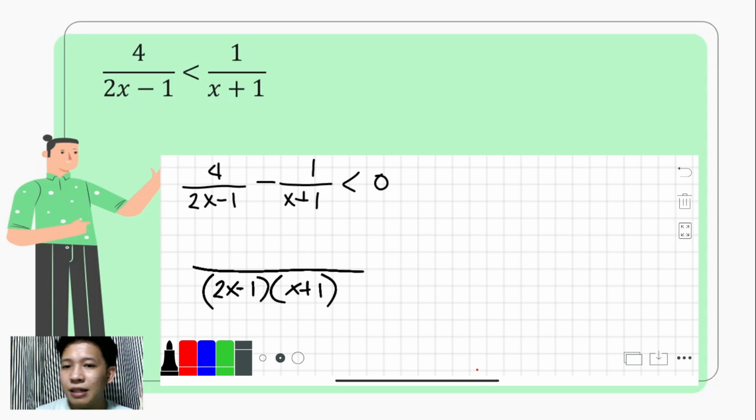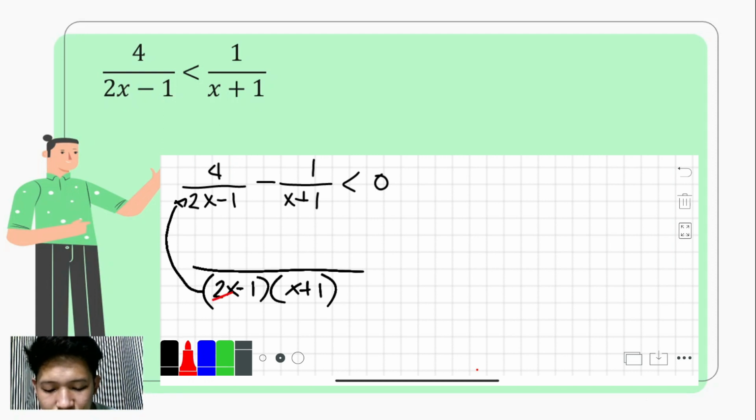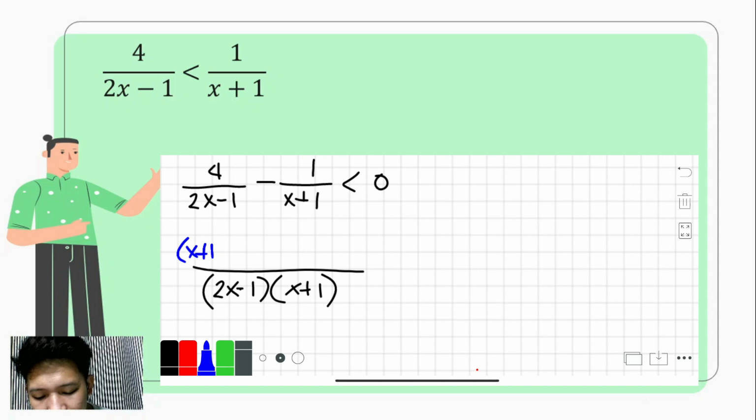And then, what we're going to do is, ito si 2x minus 1 times x plus 1, i-divide natin kay 2x minus 1. Pag di-divide natin siya, makakancel lang, so ang matitira is si x plus 1. At yun po yung i-multiply natin sa numerator. So, we have here x plus 1 multiplied by the numerator, which is 4.